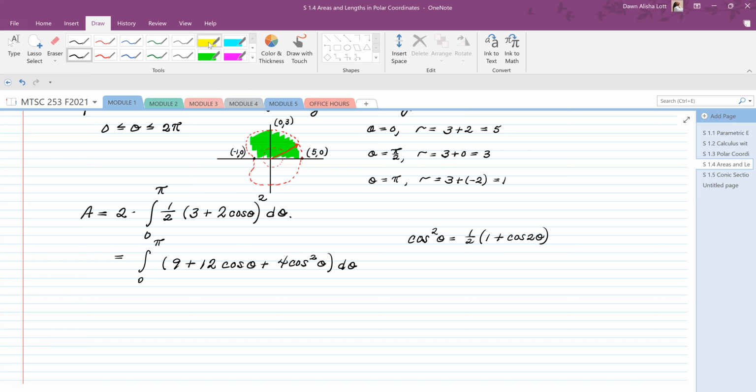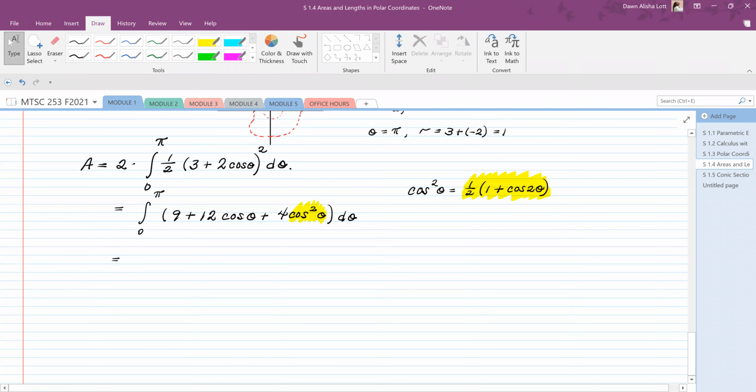So we are going to plug that right in here. When that 4 multiplies by that 1/2, we're just going to get a 2. So we end up with the integral between 0 and pi of 9 plus 12 cosine theta plus 2 times 1 plus cosine 2 theta.